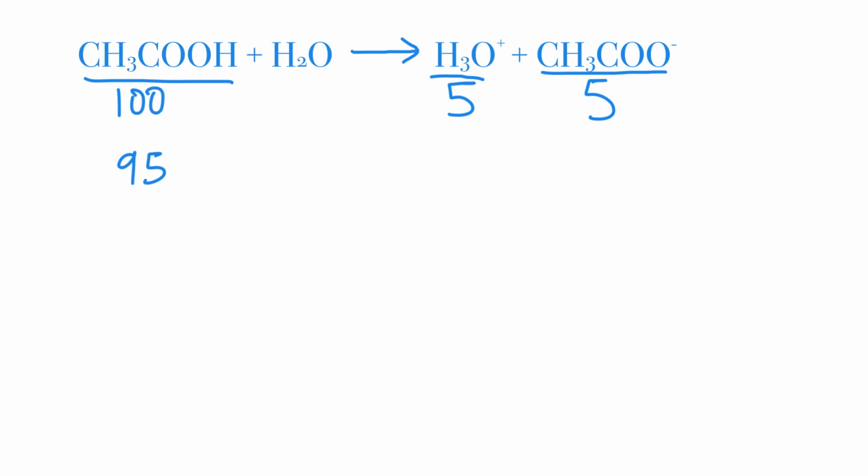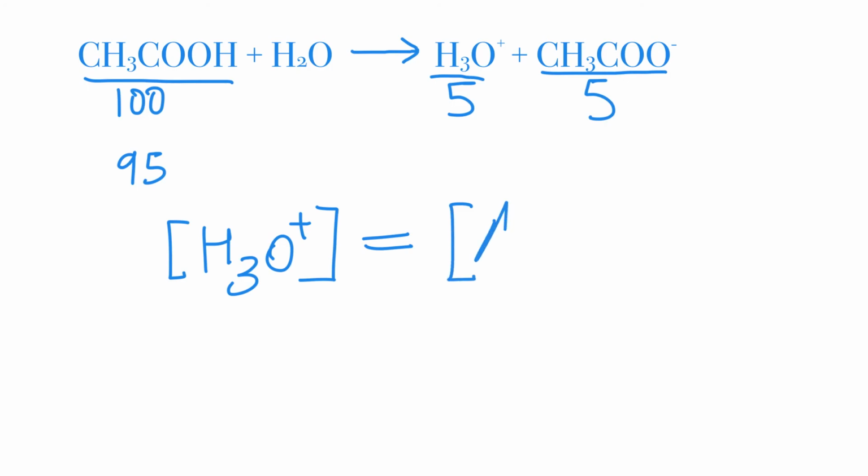What do we take away from this? A very important point, which is that your concentration of H3O positive, which we represent by the brackets, is always going to be equal to the concentration of the anion, whatever that anion is.